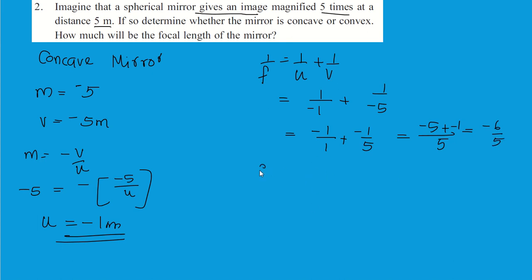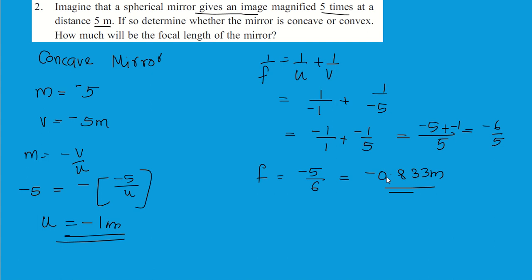So 1 by f is -6 by 5, so f is equal to -5 divided by 6, or we will be getting -0.833 meters, because everything is given in meters. So we get the focal length also in meters.